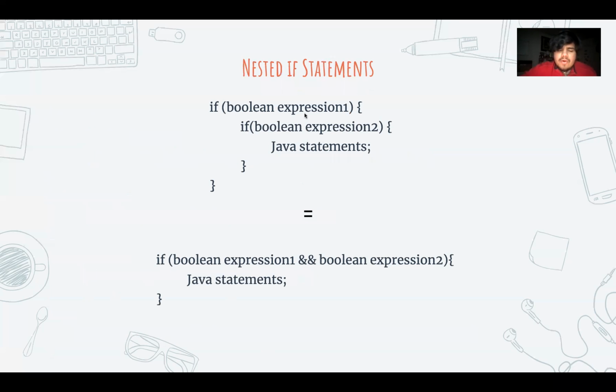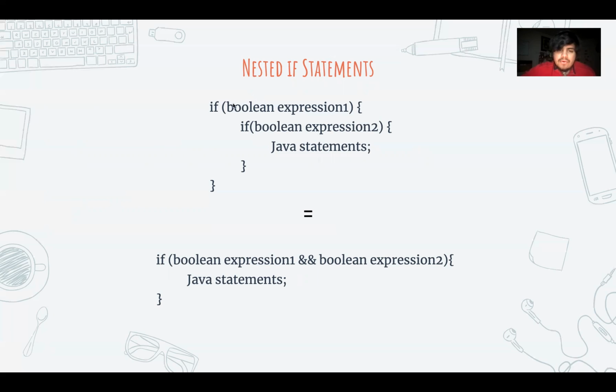You could do else if statements, but there's also a thing called nested if statements, which is an if statement within an if statement. And the syntax is actually logically equivalent to the and operator. If you have a Boolean expression here and a Boolean expression here, then in order for this Java statement to execute, it has to go through this if statement and this if statement.